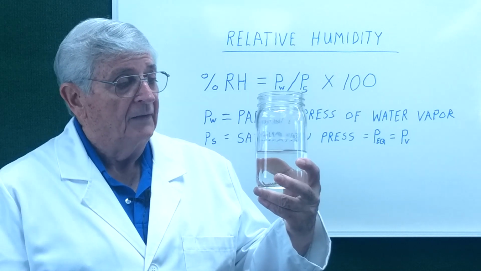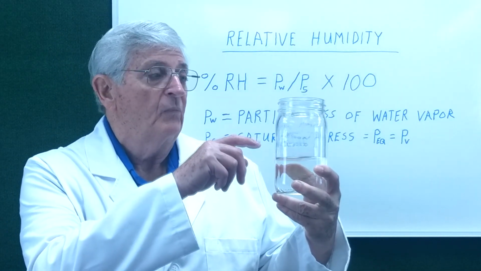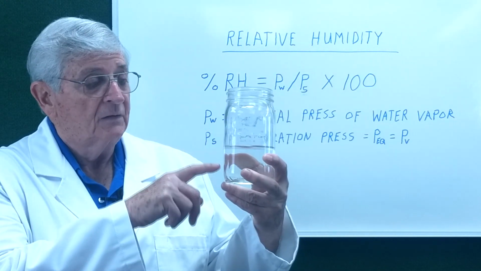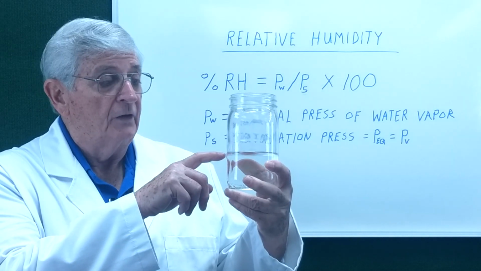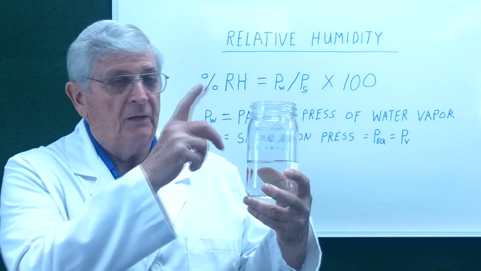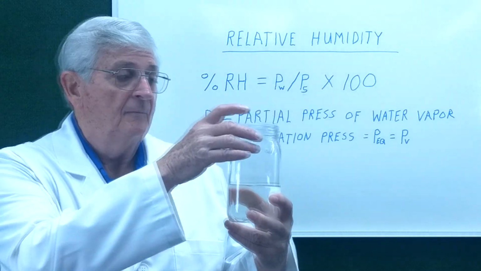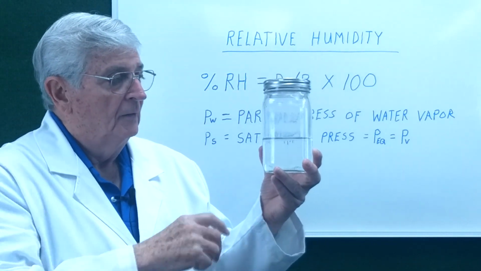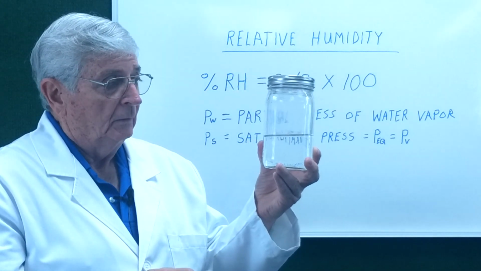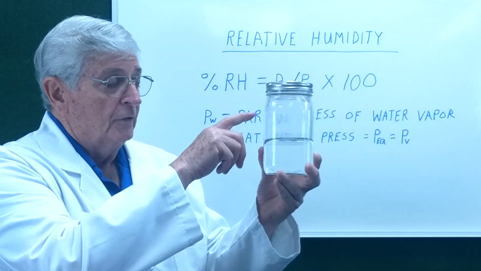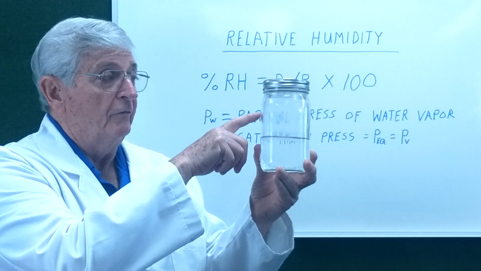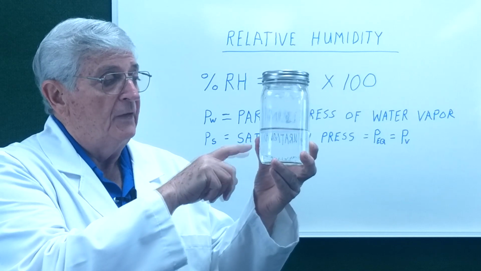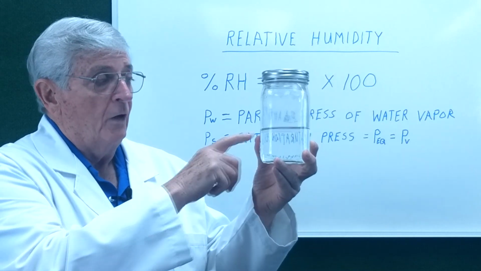And as long as the partial pressure of the water vapor is less than the vapor pressure that the water wants to produce, evaporation will go on. Now in this jar, the water is not boiling. It's not evaporating because the partial pressure of the water vapor in this confined volume is equal to the vapor pressure that the water can produce.